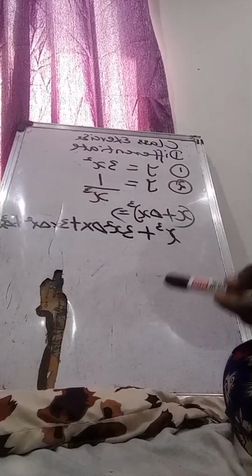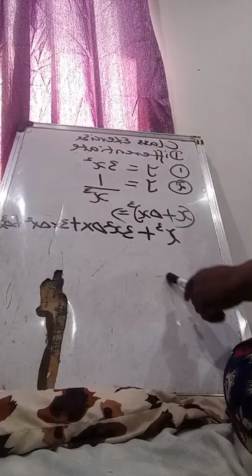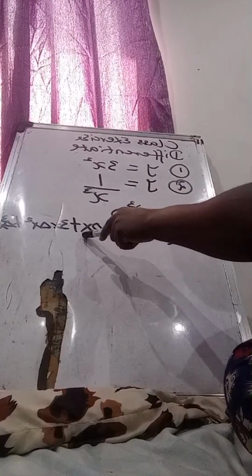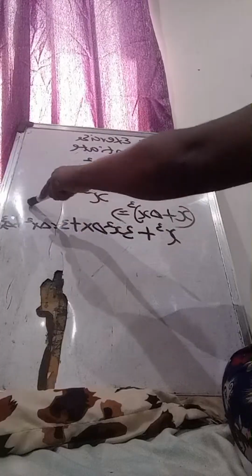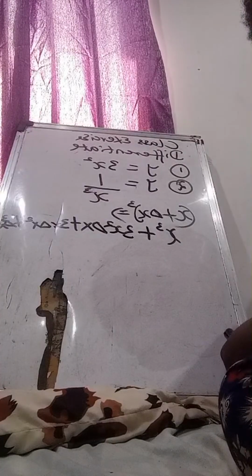By the time you expand it, this is it. Get conversant with it: each time you have x plus change in x cube, it's going to be x cube plus 3x squared change in x plus 3x change in x squared plus change in x cube. Is it okay now?